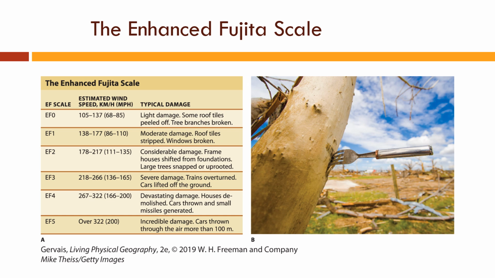If any of you have ever seen the original Twister, not Twister's the new one that came out recently, but the original Twister movie, I think it came out in the 1990s, the entirety of that movie's plot purpose is to try to get instruments inside a tornado to tell us about what's actually going on. That was a really long time ago, and this is still a problem because we still don't have any instrument that can really withstand the intensity of an EF5 tornado. So we have to pretty much guesstimate based on other evidence that we're seeing what those wind speeds are.